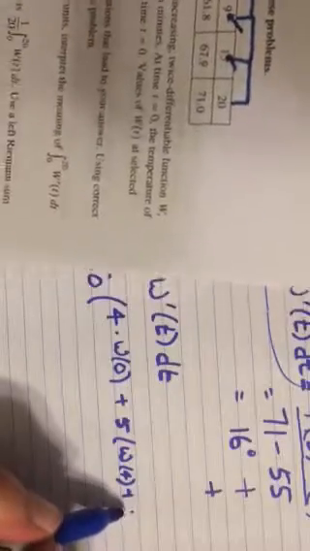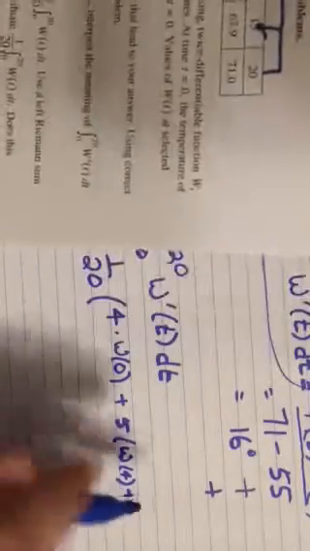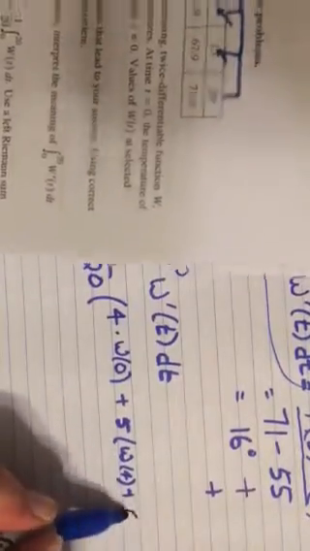And then the next one, the left side is 9, and the interval is 6 units wide. And I'm going to use W of 9. And then the next one is, oops, I'm running out of room, 5, and it's W of 20. Okay, so this is just the area of each rectangle.